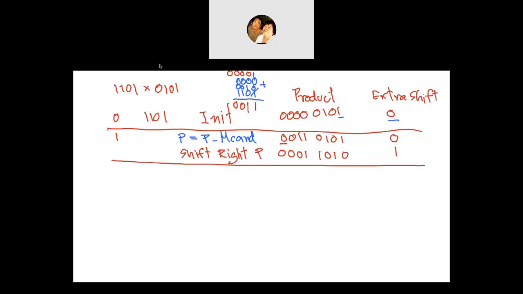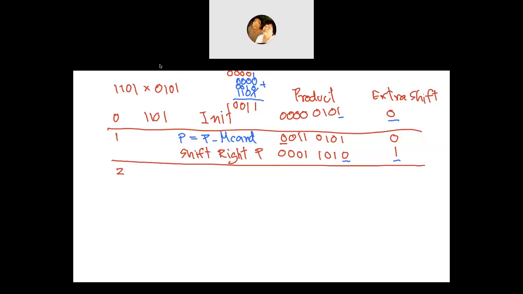How about the second round? In the second round, we have to look at the product 0 and the extra shift. In this case, it is 0, 1. So what shall we do for the second round?